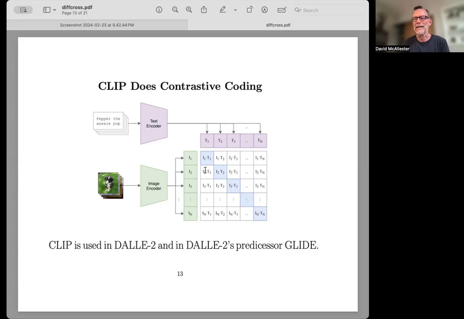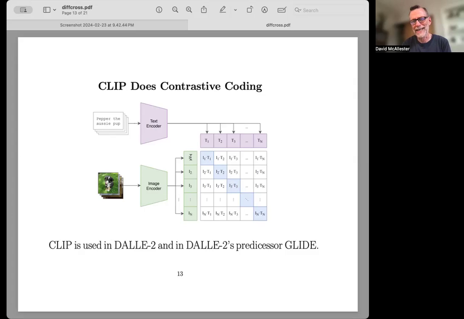And then you ask a classifier to take, say, this image and try to decide which text it was associated with. Try to pick out the text that it was actually associated with. And here, we're going to assume that text one is associated with image one. So the actual pairs are the diagonal. These are the true pairs.